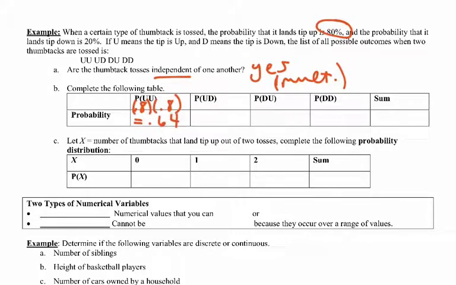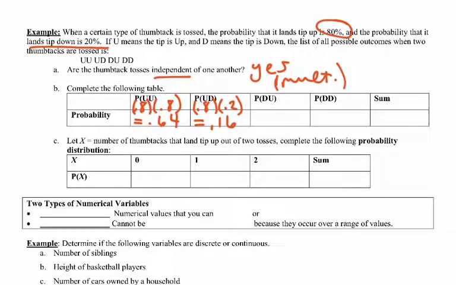Now the probability that the first lands up and the second lands down. Again, they're independent, so the probability the first lands up is 0.8. The probability that the second one lands down has a different probability. That was the complement of the first event, so that would be 0.2. When I multiply those together, I get 0.16.